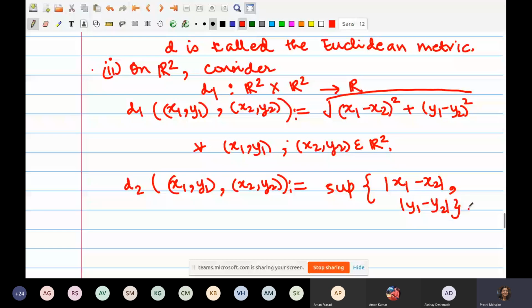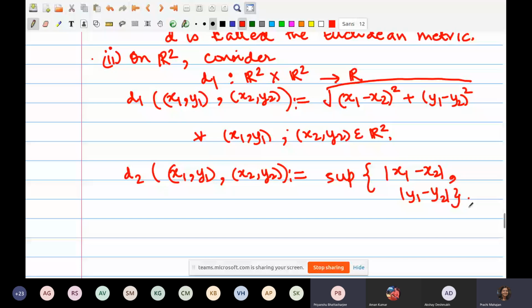This is another function D2 defined on the product space R2 times R2 and taking values in R, right? Ma'am, is it supremum or maximum?